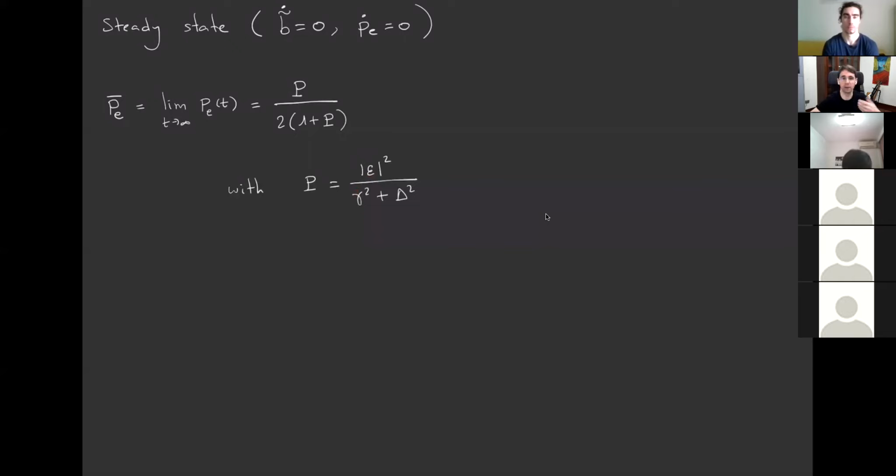Okay, but then finally, what I want to discuss about this steady state is two specific limits. The limit when P is equal to 0, which means that you are not driving. Then the probability of being in the excited state asymptotically is equal to 0, okay? Which means that you are in the ground state of the system. That we know because that's what we saw for spontaneous emission.